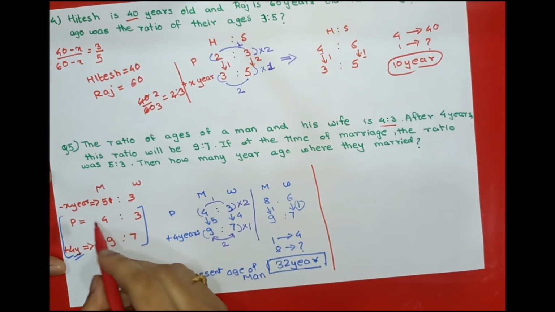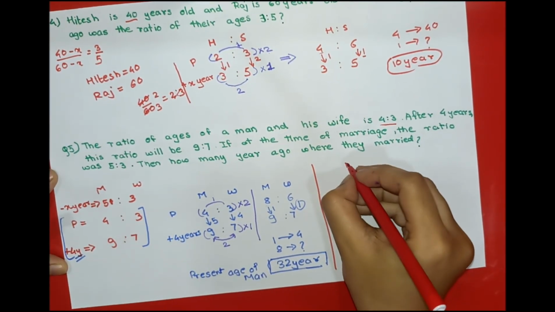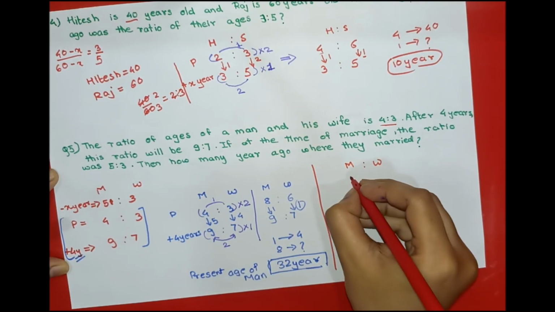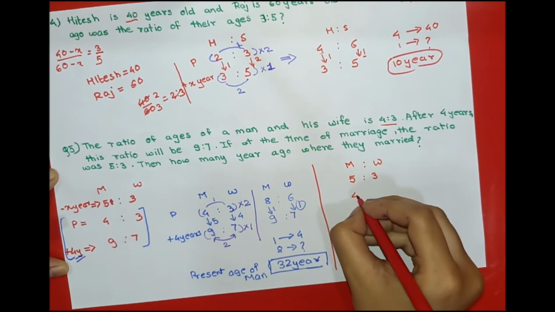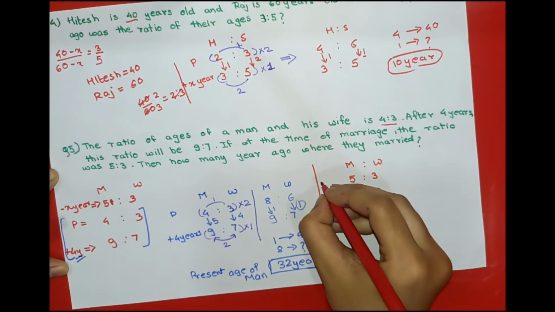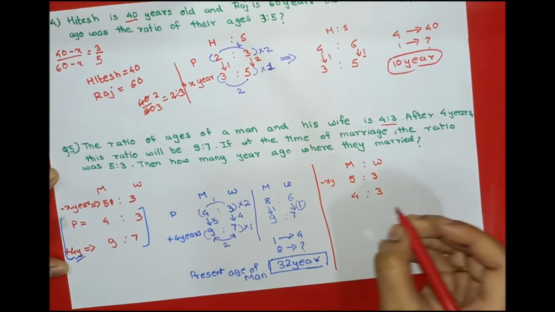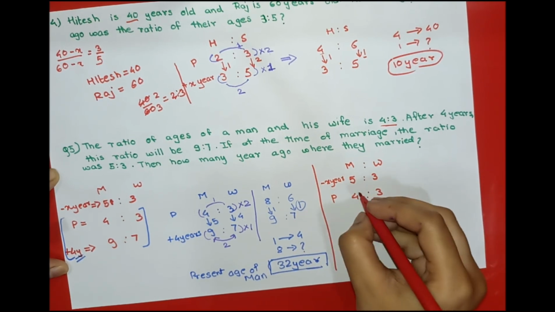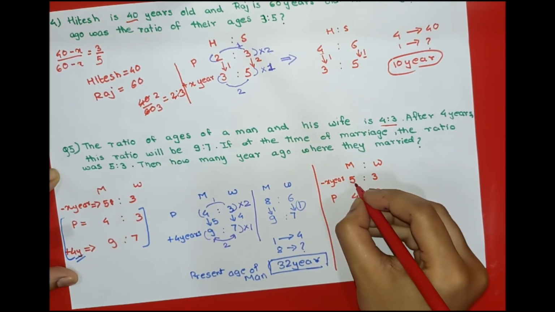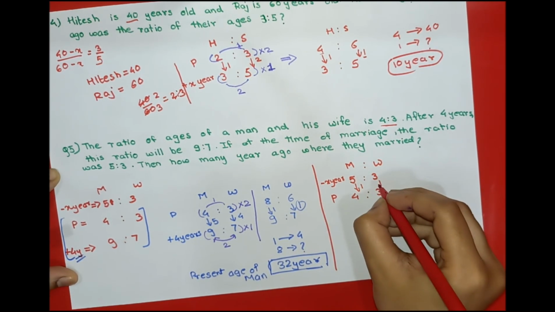Now let's solve this upper portion of the question. This is 5:3 and this is 4:3. This was some x years ago and this is the present. Again the same method, check the difference. Here the difference is 1, here it is 0.